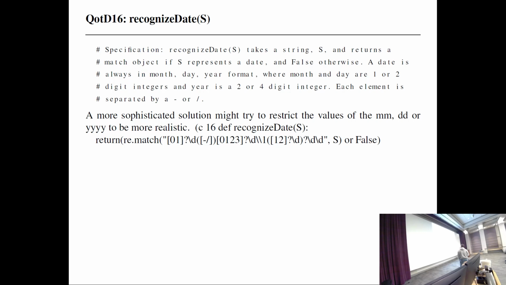This alternate expression, you'll notice that we still have the minus and slash here. So the first change is that it's now in rounded brackets, which makes it a group. And you'll notice that the second time through, right here, backslash 1, this says that what matches here has to be exactly what matches there.